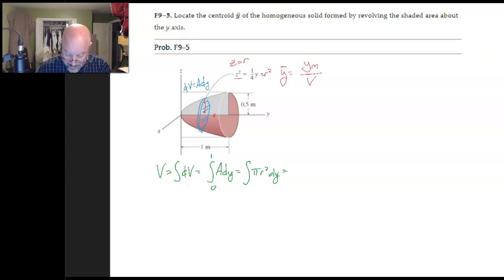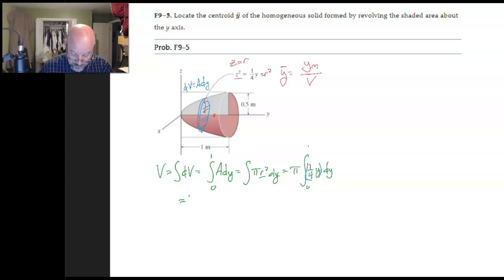I'll put my pi outside. My r squared becomes the 1/4 y, and then I still have my dy. Our limits are still from 0 to 1.